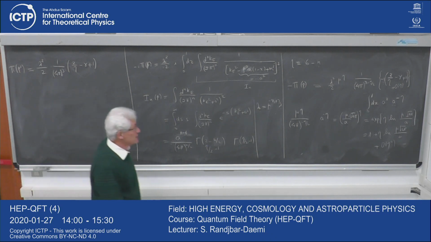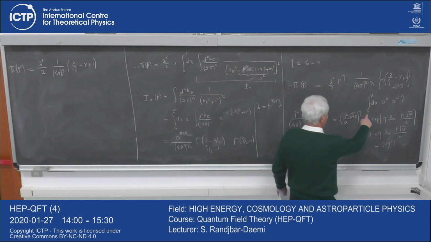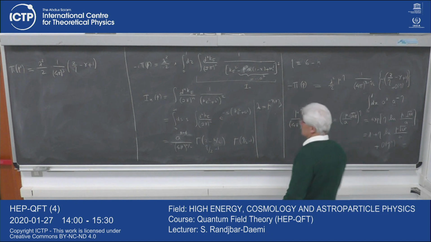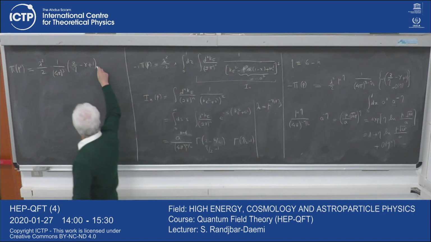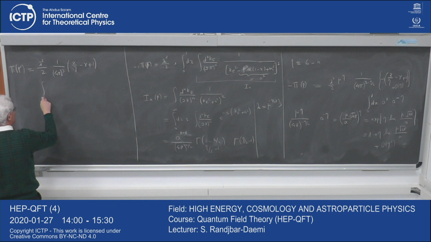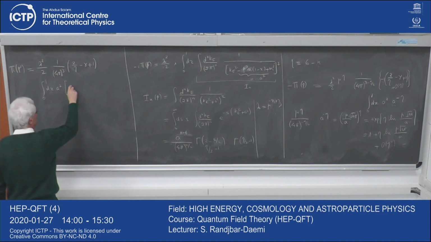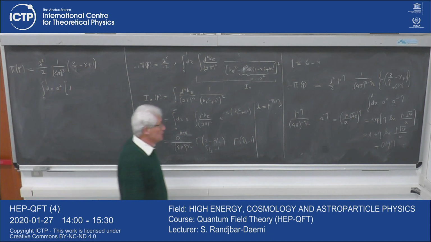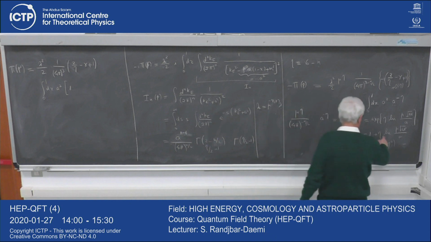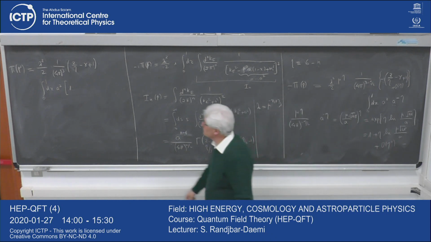That's the singular piece. And then times that integral. So that will multiply 0 to 1 dx a to the power 2 as 1 plus eta times the rest.